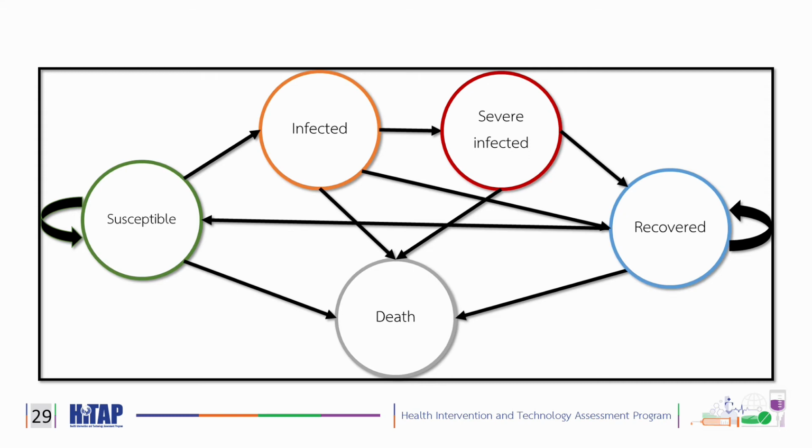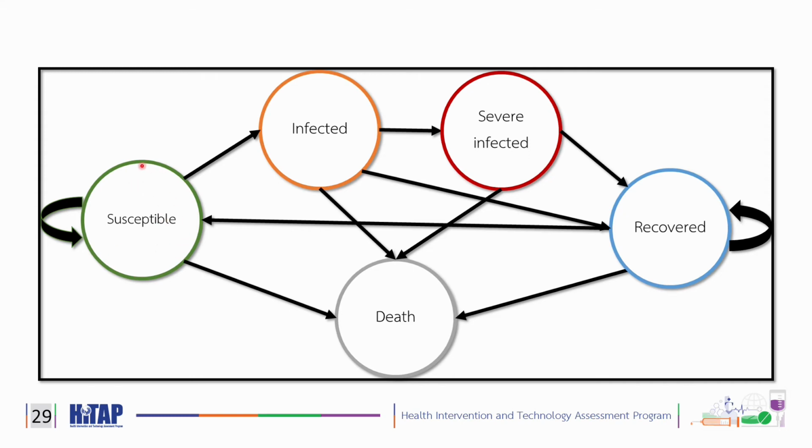So after we have the type of study we would like to conduct, which is the cost utility analysis, and we already know the PICO of our study, right? We start drafting the Markov model. In this case, our Markov model starts with the patient in the susceptible state, because patients in our study are at high risk, so they are not healthy patients. For a patient in the susceptible state, we have to assume where this patient could be in the model.